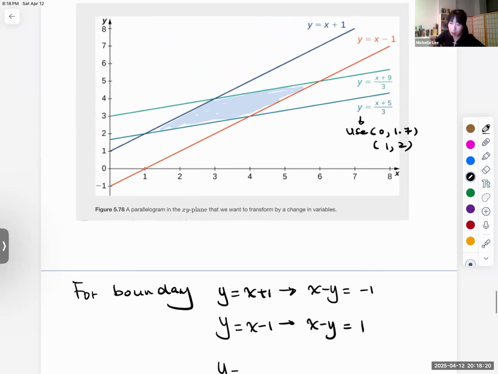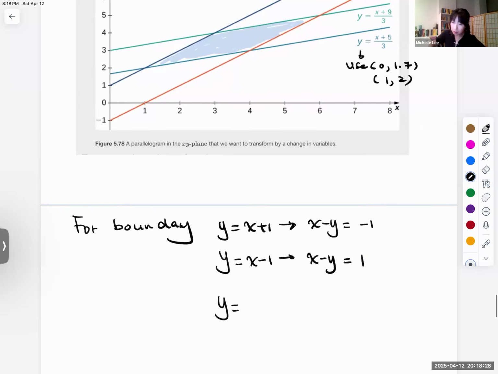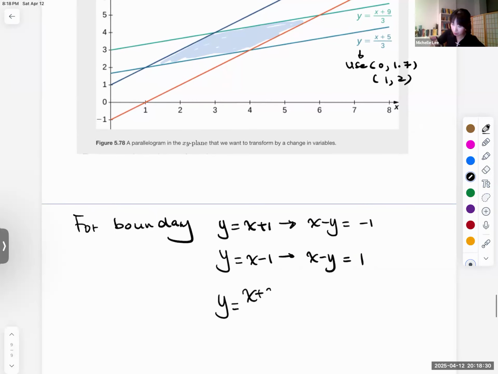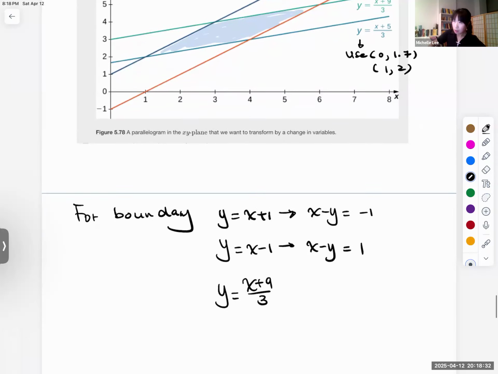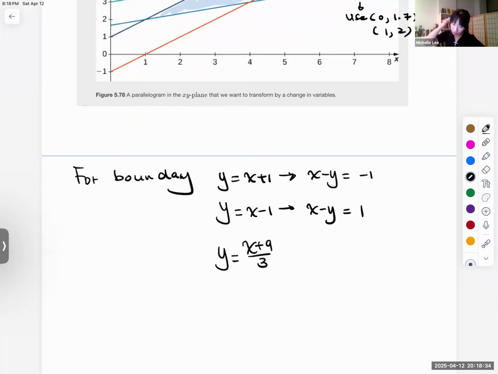Okay, now we have another equation. So there will be x plus 9 over 3. So x plus 9 over 3. Okay, so that is the same as y equal to x over 3 plus 9, right?